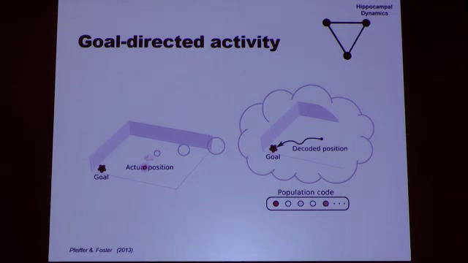So in particular here, Pfeiffer and Foster looked at this activity when the animal was stationary within an environment before it started moving along a novel path towards a known goal position.